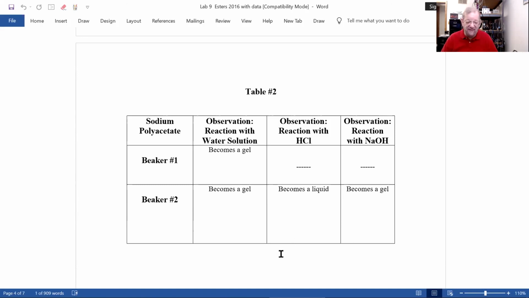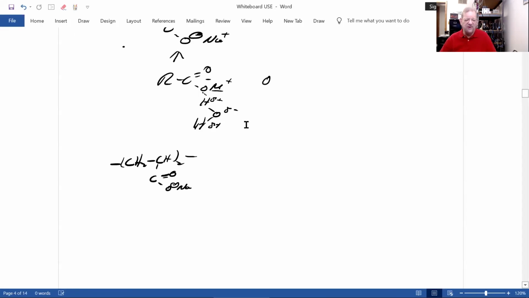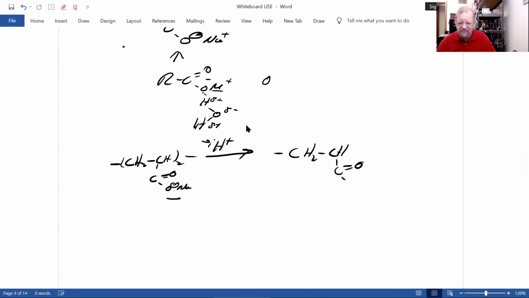Well, what happened? Well, when you add acid to the SAP, the HCl, this is a conjugate base, this is an acid. And you get this. And this does not hydrogen bond as well as this.